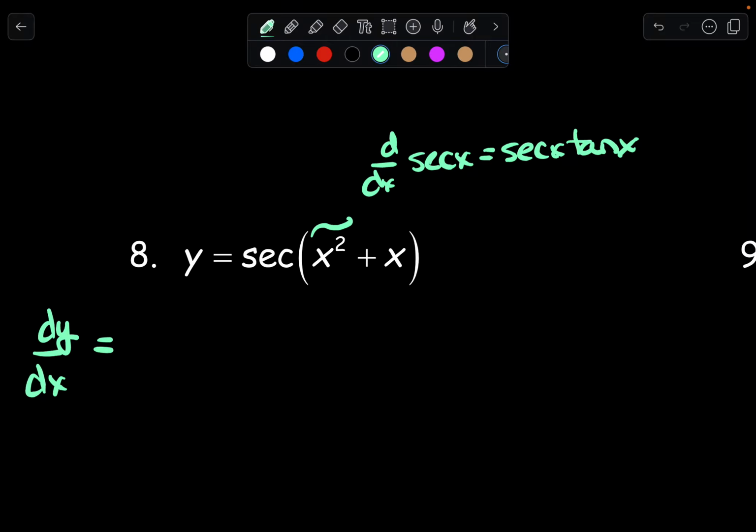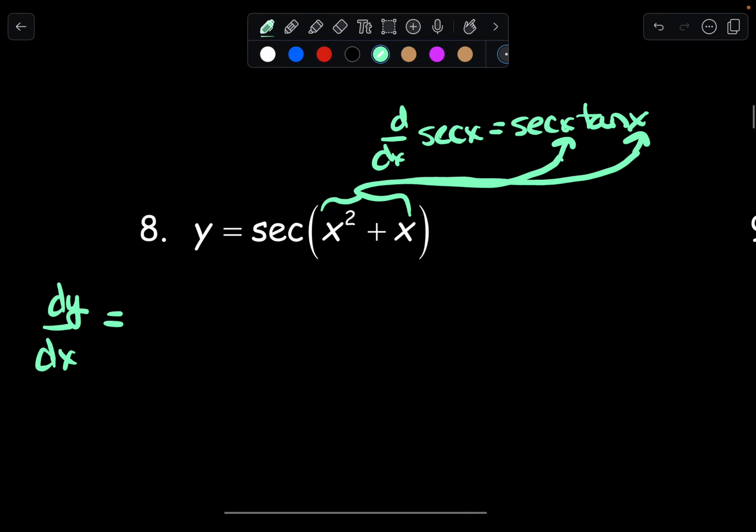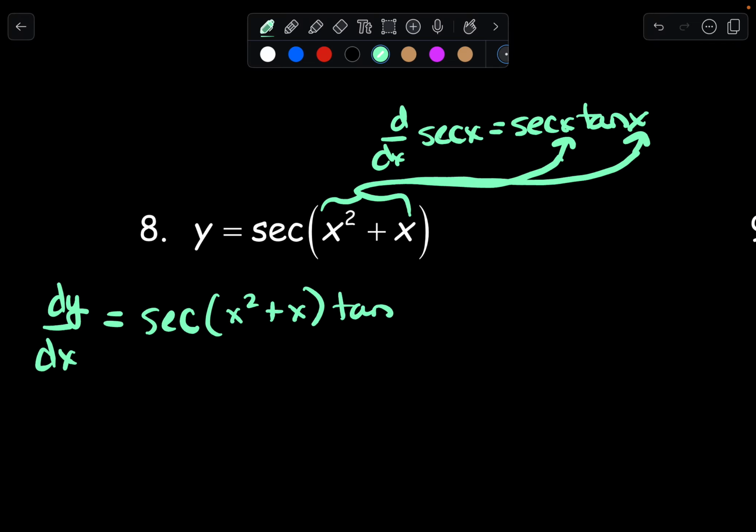Now think about this. Our input is x squared plus x. We end up with 2 inputs in our derivative. Therefore, those inputs should align with the original input. So we end up with secant of x squared plus x times tangent of x squared plus x.